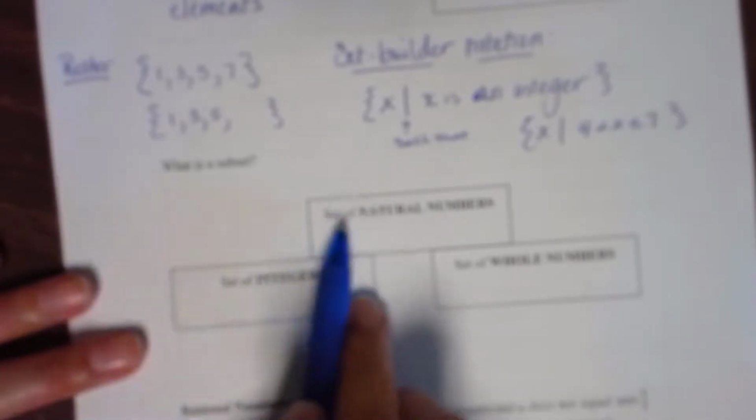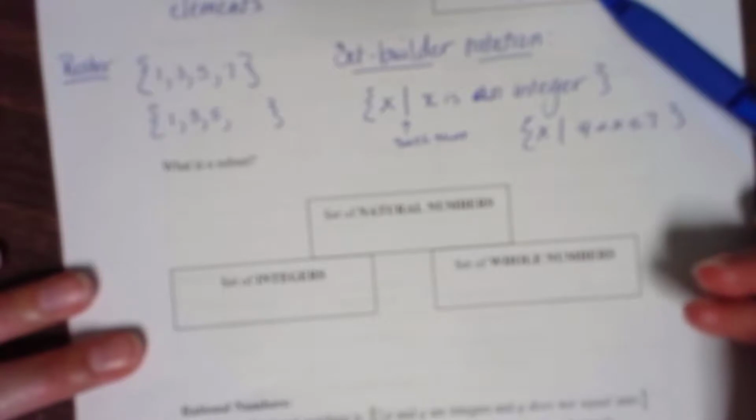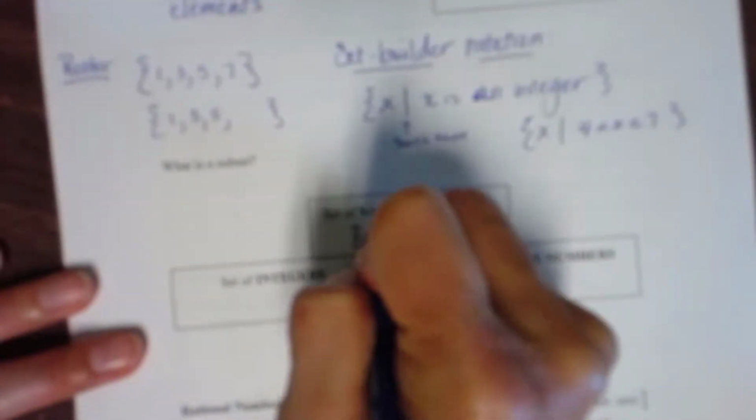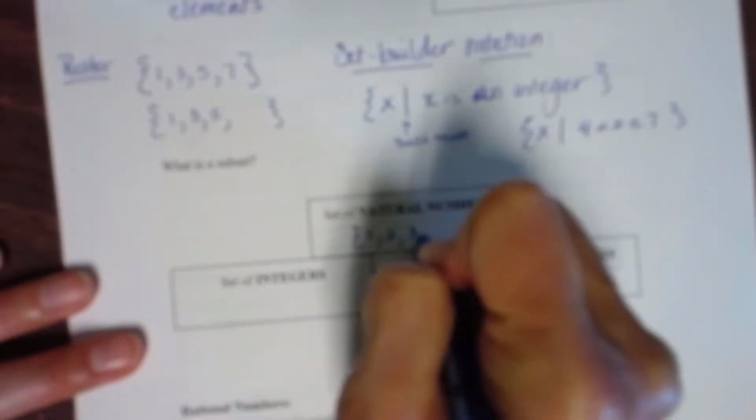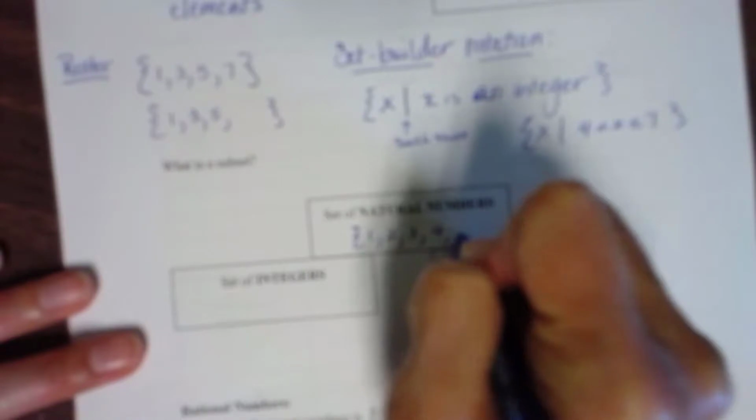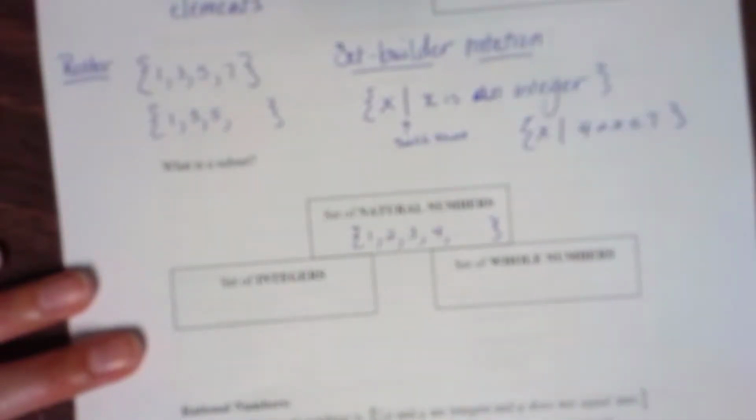The next term we want to define is a subset. A subset is basically just something that's part of a set. For instance, the set of natural numbers is a subset of the real numbers. Natural numbers are what used to be referred to as your counting numbers: 1, 2, 3, 4, and so on.